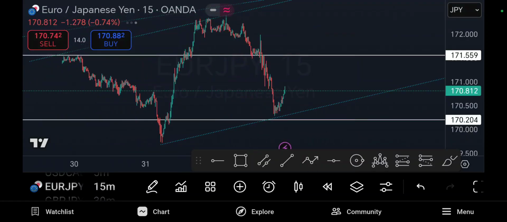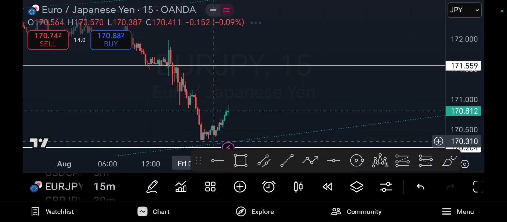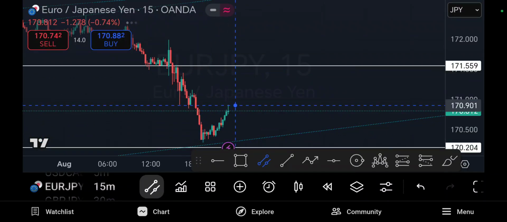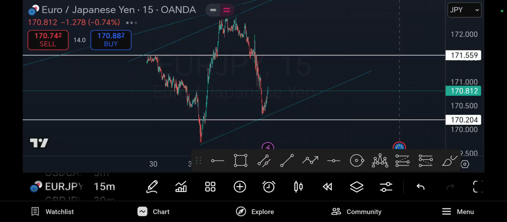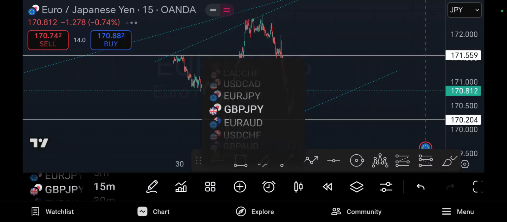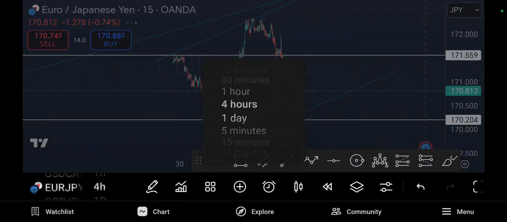Oh yeah, looking at this, it's also consolidating like that. So we could actually expect the sales to come in where the market is at, but that will have to wait for tomorrow.